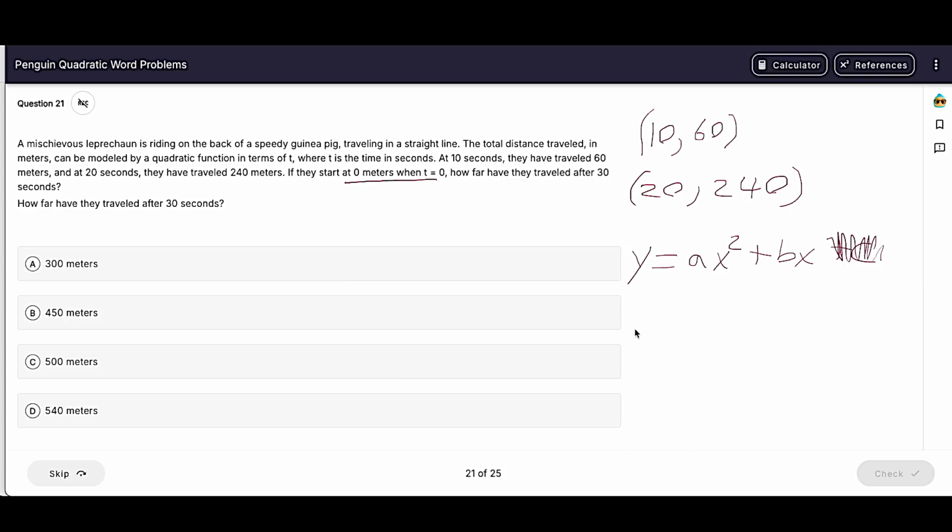So we have one point, which is 60 equals a times 10 squared plus 10b. And then we have another point, 240 equals a times 20 squared plus 20b. And now you can see we've actually got a system of equations.